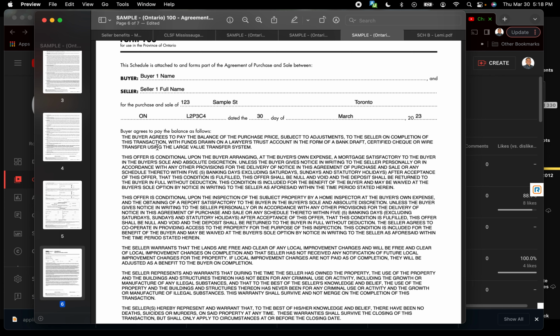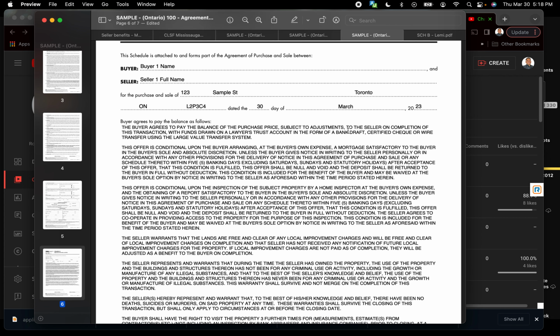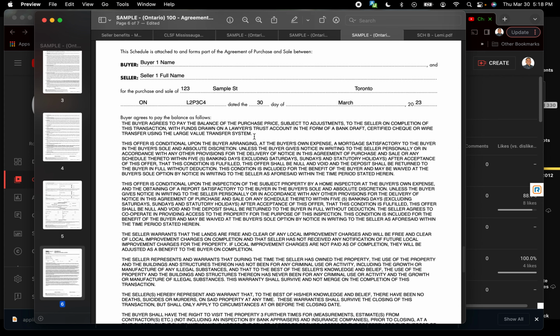So, first here is that the buyer agrees to pay the balance of the purchase price, subject to adjustments, to the seller on completion of this transaction with funds drawn on a lawyer's trust account in the form of bank draft, certified cheque, or wire transfer using the Large Value Transfer System. What this is saying is that we will be leveraging the services of the lawyer to facilitate the exchange between the seller, the buyer and the bank.